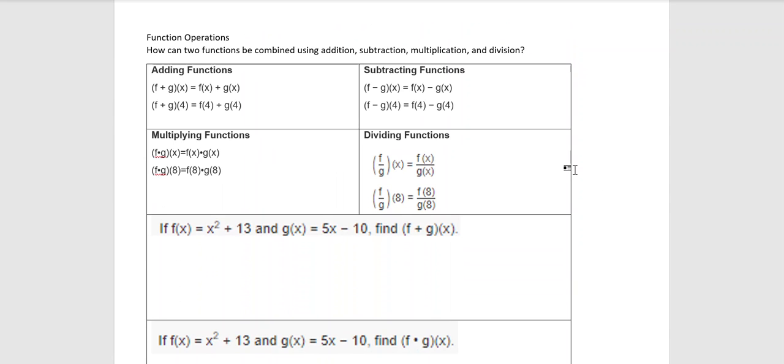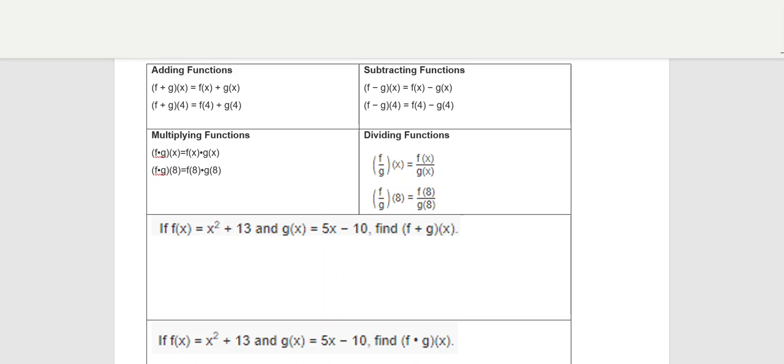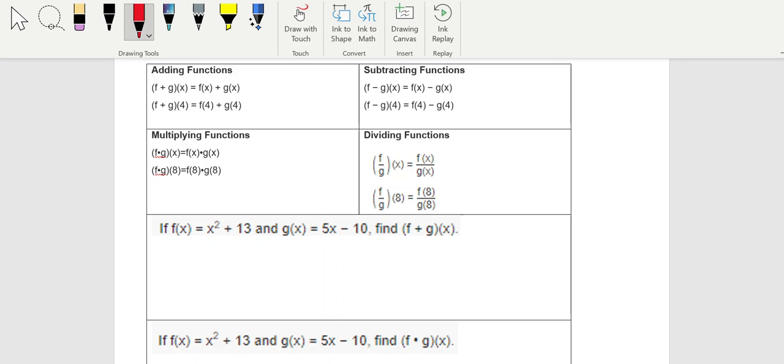And the way we write that is we start off with a parentheses naming the two functions and of what value follows in the next parentheses. So you can see here with each one of these examples, if we're doing f plus g, that means we're adding the f and g function of x.